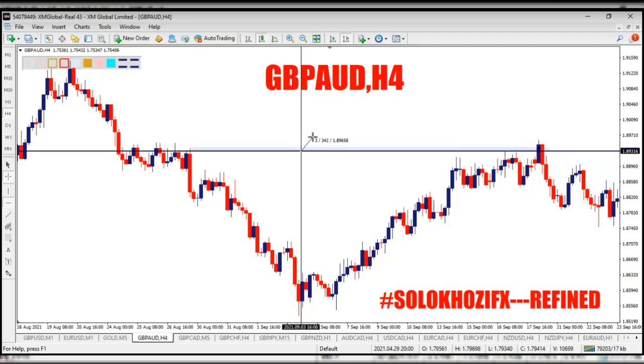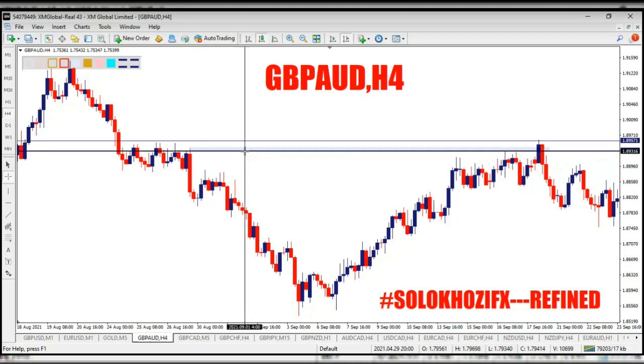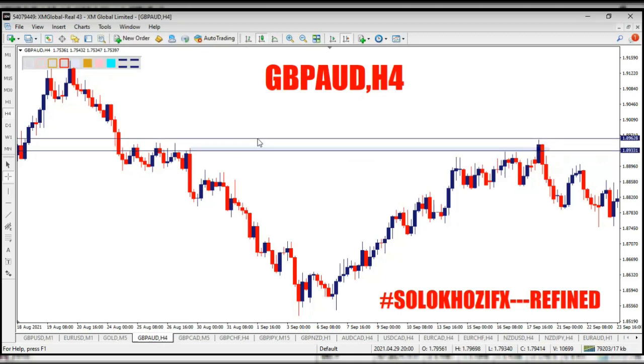This was going to be your stop. The stops were going to be around here. So I'm going to go a little bit higher. Exactly, this is 30 pips.